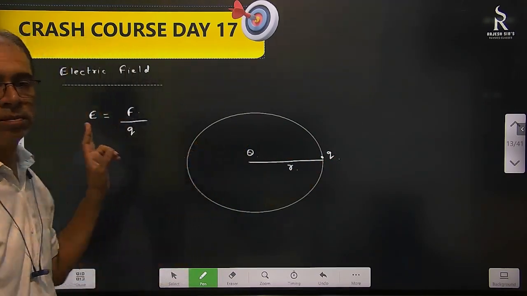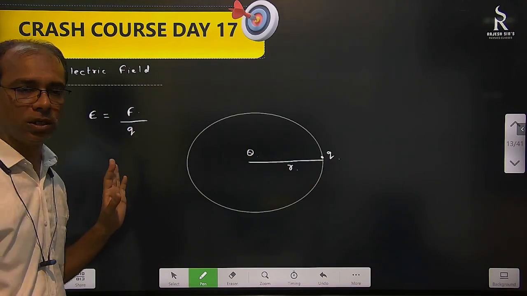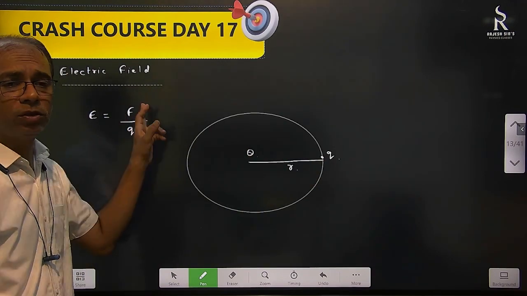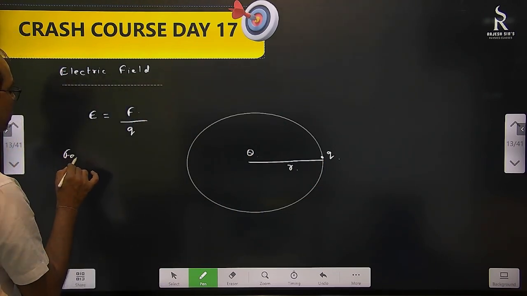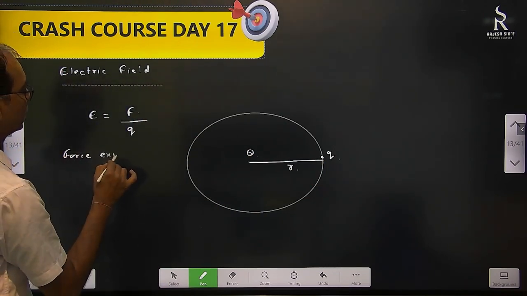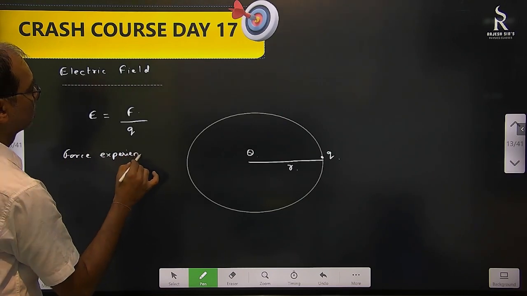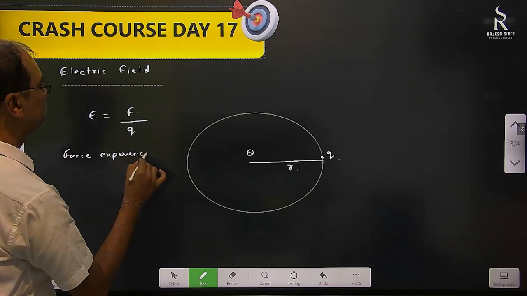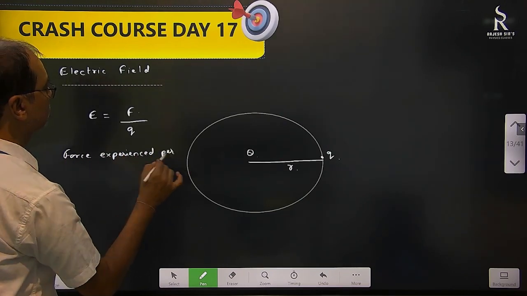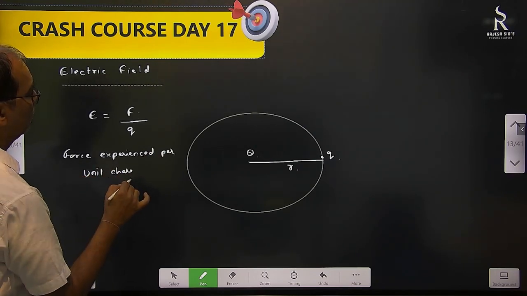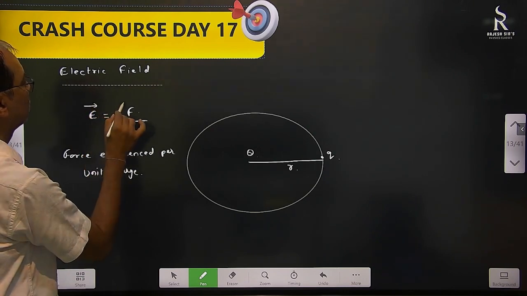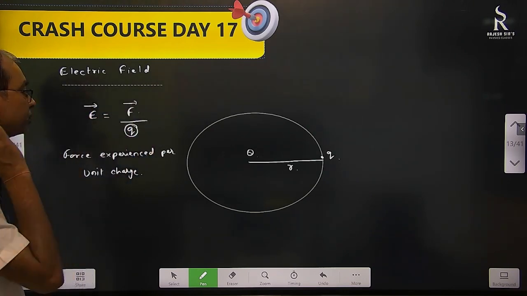So we say that it is the force experienced per unit charge. It's a vector quantity and its direction is the same as the electrostatic force on this charge.